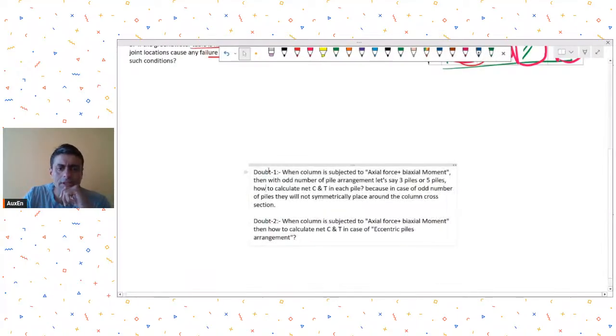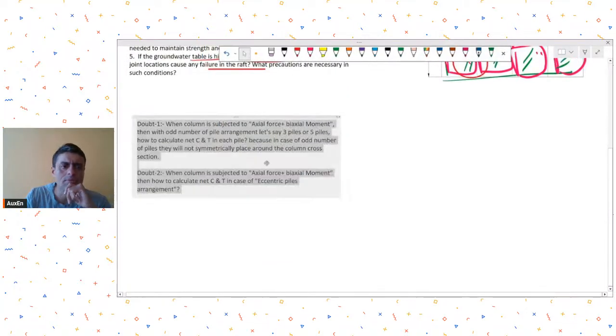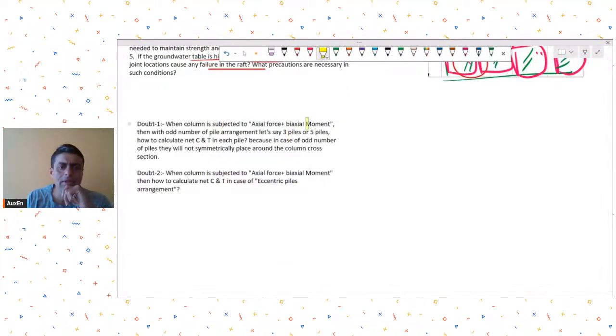When a column is subjected to axial force plus biaxial moment, then with an odd number of pile arrangements, let's say 3 piles or 5 piles, how to calculate net C and T in each pile? Because in case of an odd number of piles, they will not be symmetrically placed around the column.